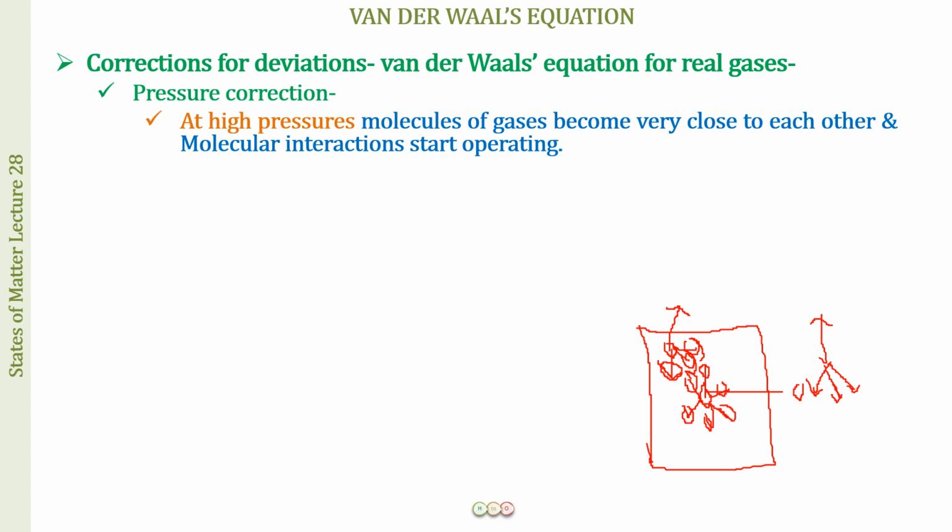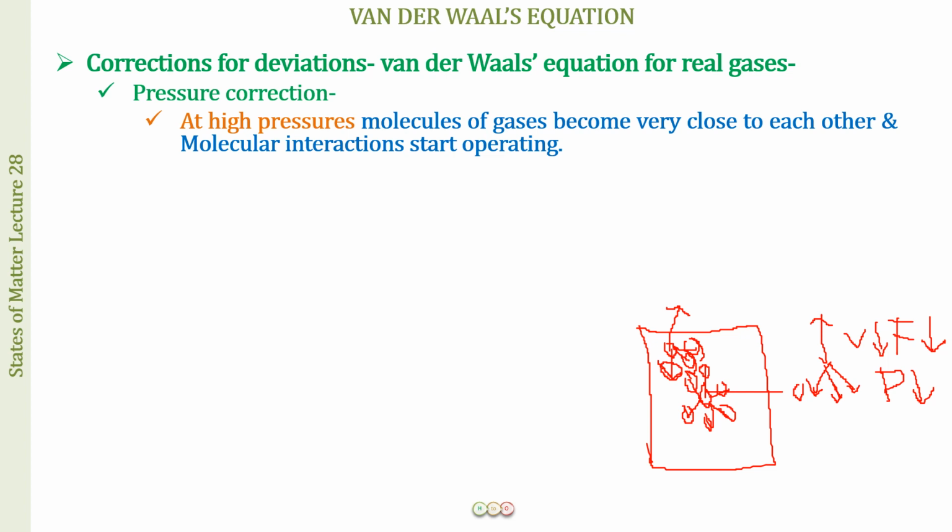So what will happen when it is being pulled back? Well, its velocity is going to decrease, right? You are trying to run forward, but you are being pulled back by some of your friends. What will happen? You will not be able to run with that speed. So similarly, this gas molecule's velocity will decrease, and therefore the force with which it will strike the container is going to decrease, and therefore the pressure it is going to exert on the wall of the container is going to decrease.